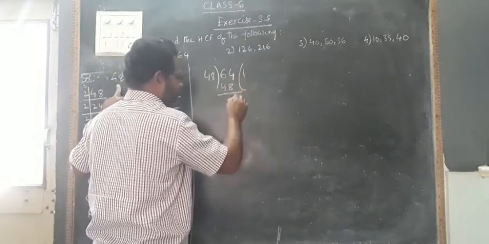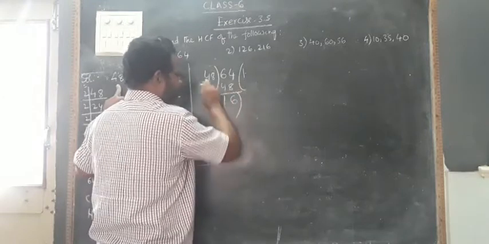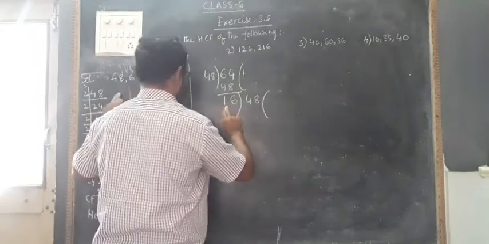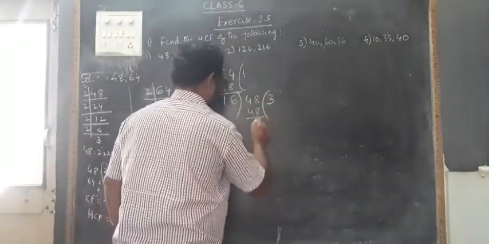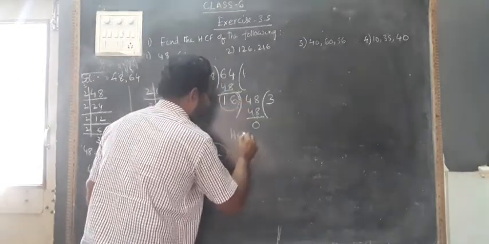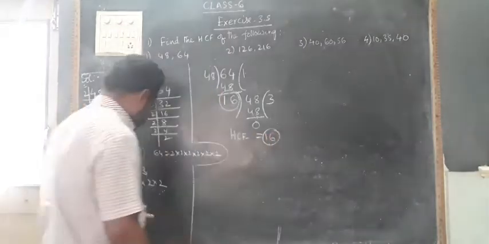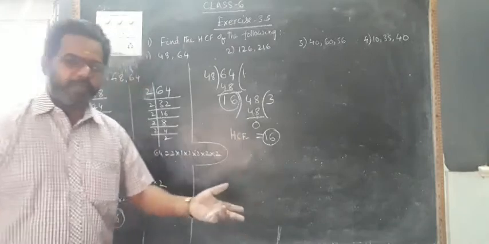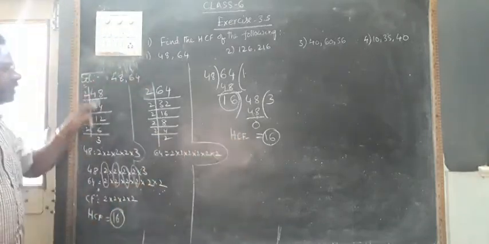Subtract: 14 minus 8 is 6, 5 minus 4 is 1. So 16. Now 16 you have to divide 48. 16 3 is 48, remainder 0. So the highest common factor is equal to 16. Here also we got 16. The method is different, but the solution should be equal. Okay. This is the first sum.